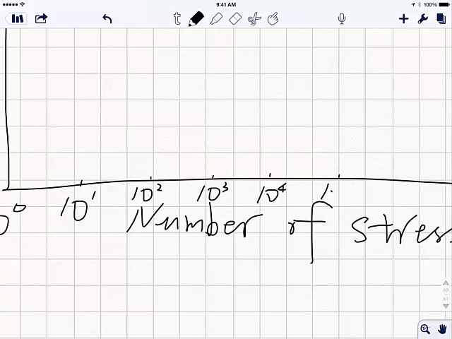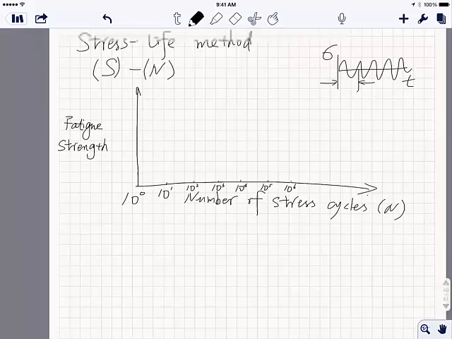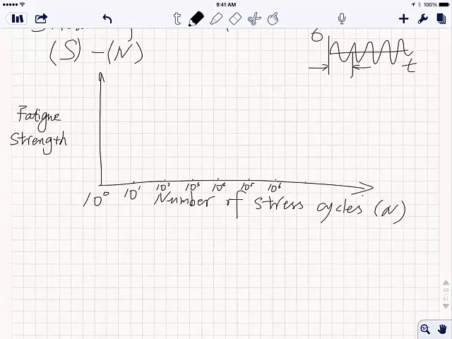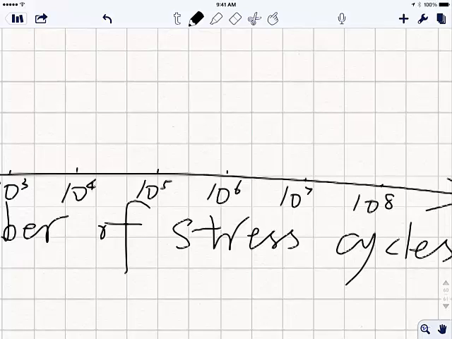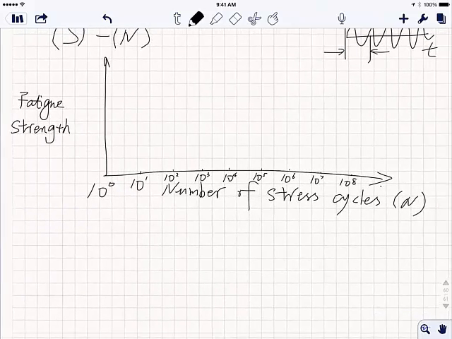Let's just stop here, right? So the number of cycles starts from 1 all the way to 100 million, right? The y-axis is my fatigue strength. Fatigue strength means, under this number of cycles, what's the strength of the load you can apply, right?